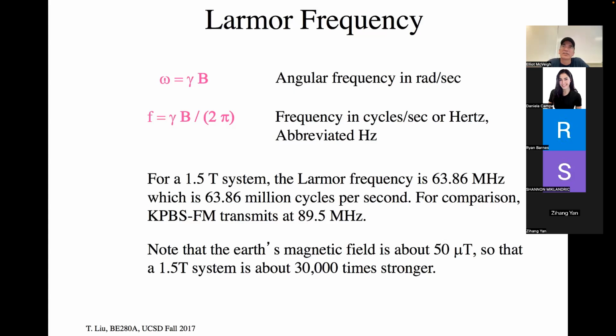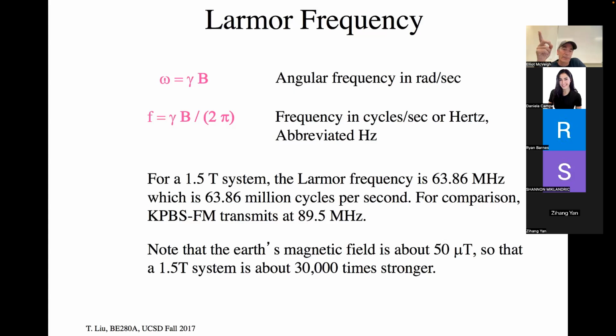And what that means is, if you have some collection of protons, let's say in water, that's a good way to get a lot of protons together, and we put that in a magnetic field, and you irradiate that sample with RF radiation and scan through the different frequencies, all of a sudden there will be a frequency at which that sample absorbs the radiation. It will be at a specific frequency, right?